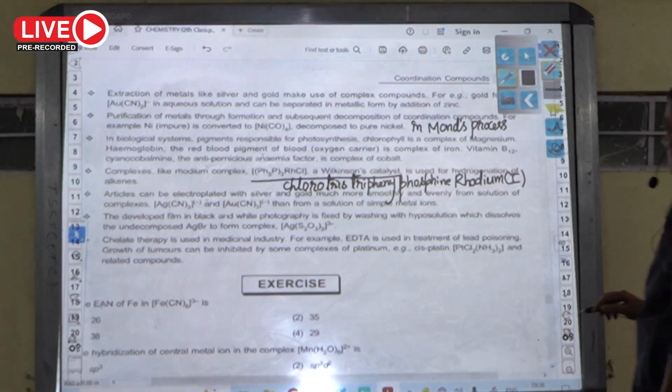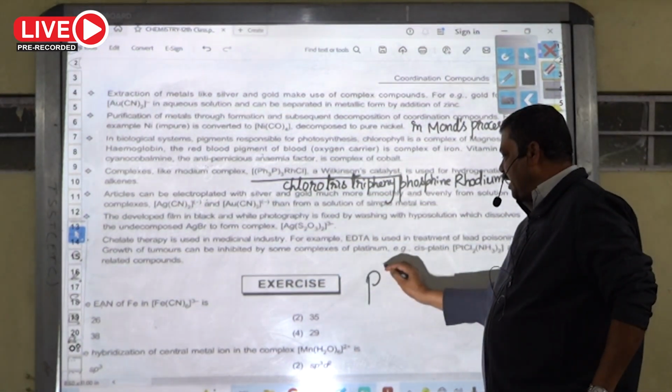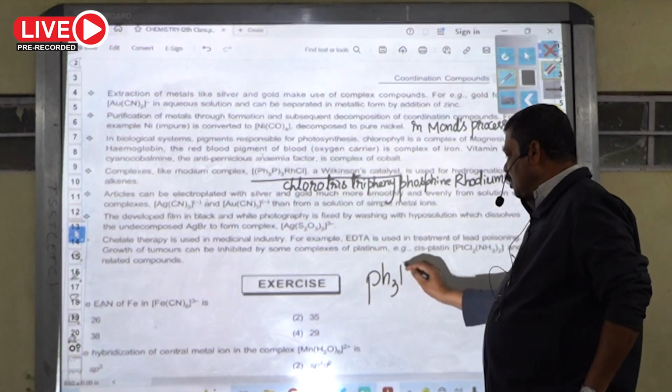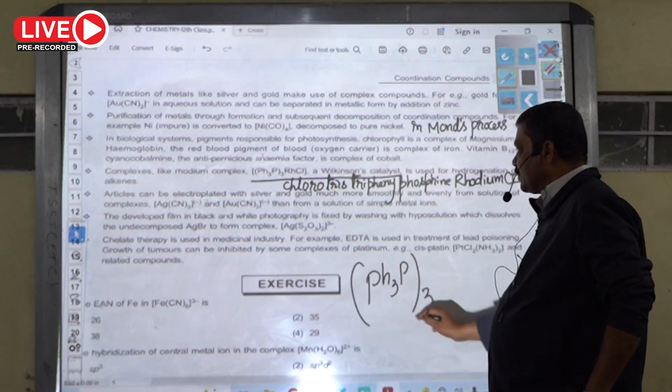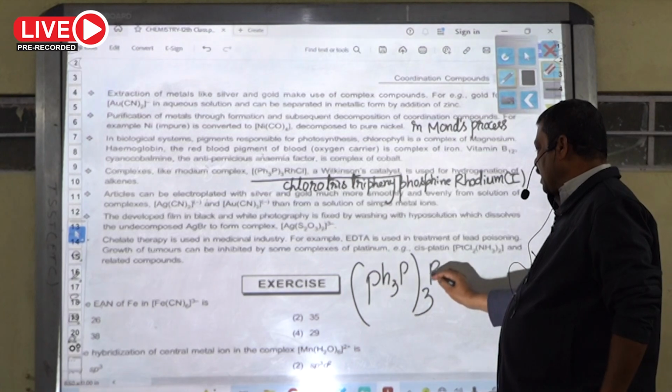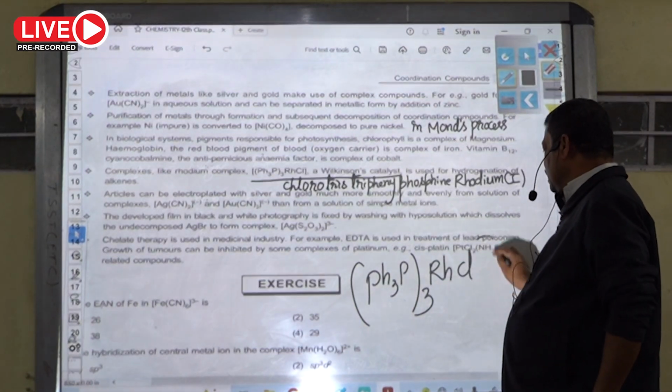The complex is [RhCl(PPh3)3]. This is the complex.